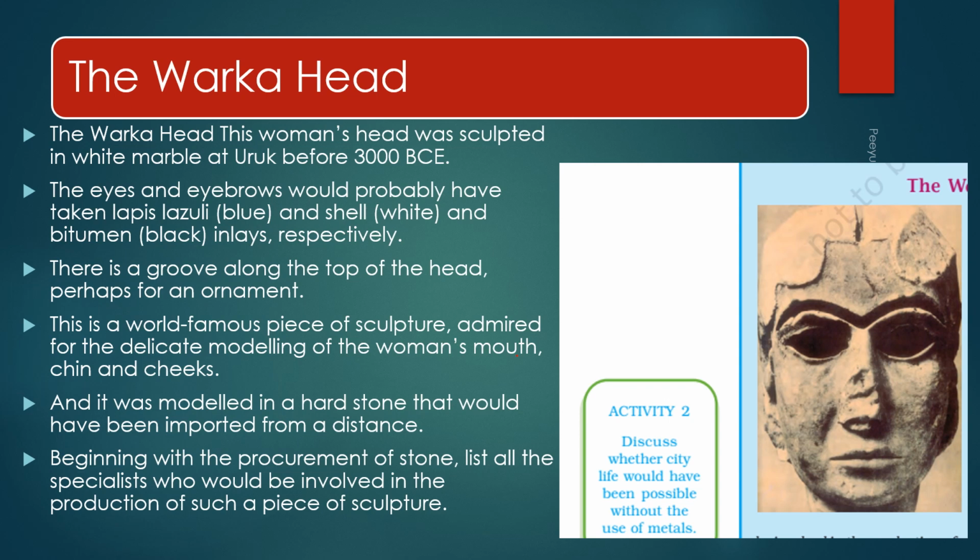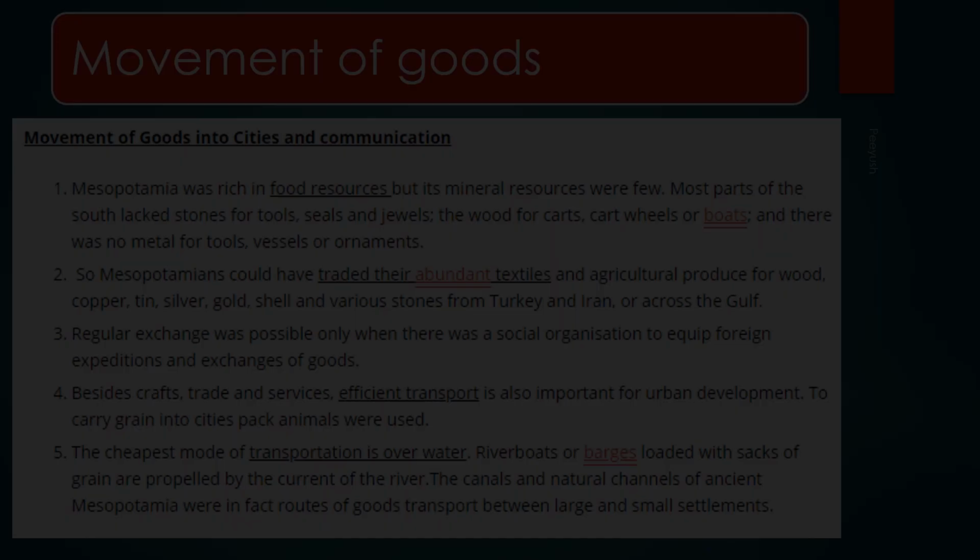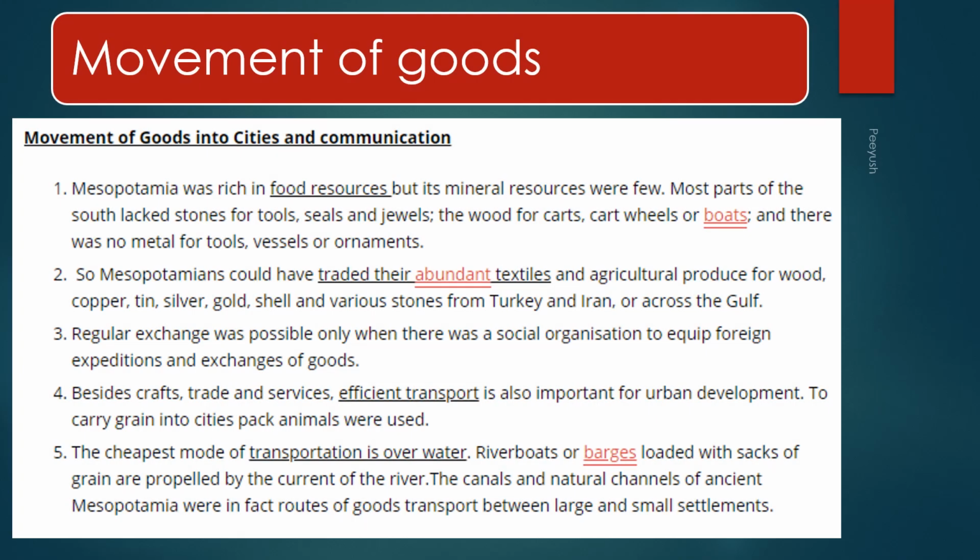Other than this, we can have the traders involved in it, the businessmen, the merchants. So all were involved in the process of production. Thus, from the source, we clearly find that there had been movement of goods, trade.